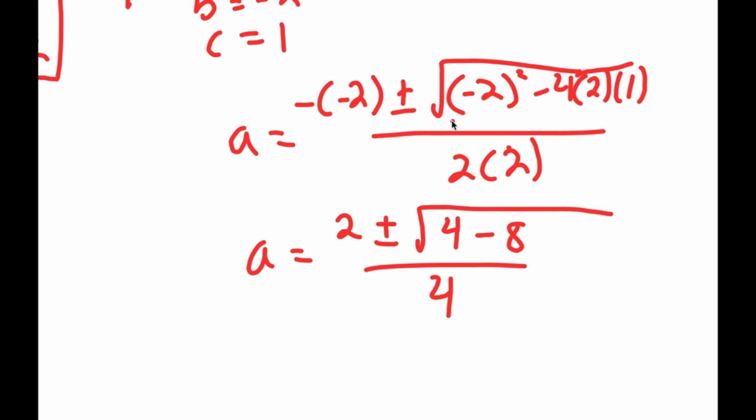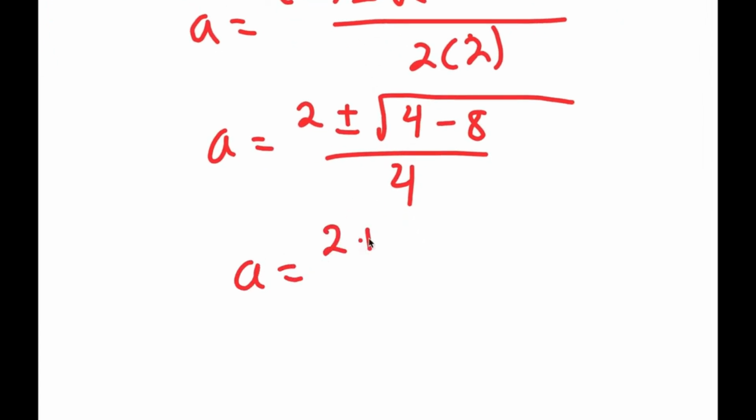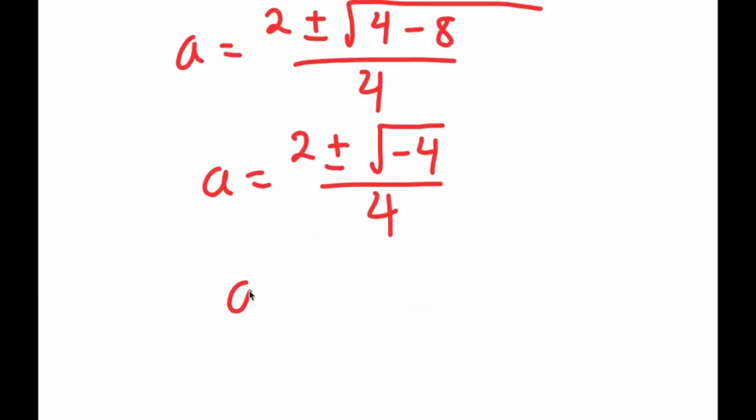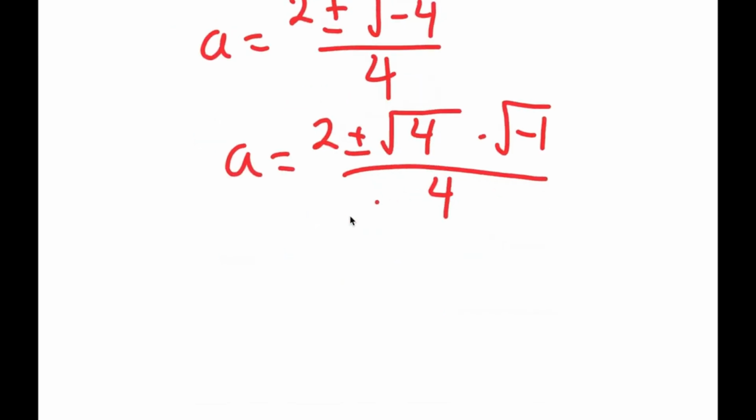which is equal to 2 plus or minus the square root of negative 4 over 4. So now the square root of negative 4, I can rewrite that as the square root of 4 times the square root of negative 1. And if you guys didn't already know, the square root of negative 1 is equal to the imaginary number i.